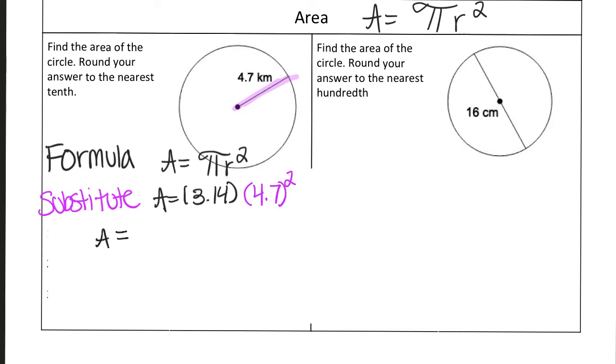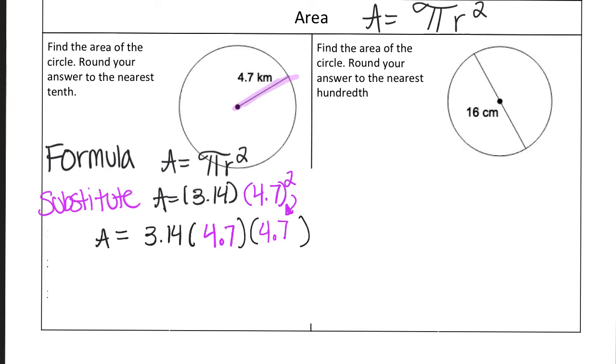So the area is 3.14 times... Squaring a number means to multiply it by itself, so this is 4.7 times 4.7. Okay, that's where that comes from.